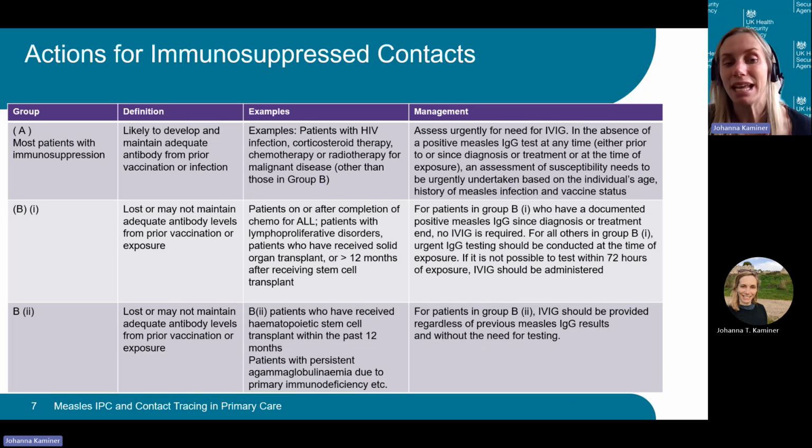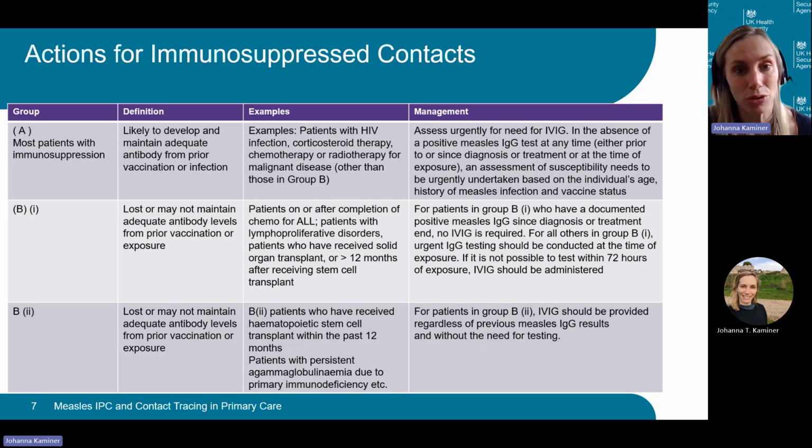However, if they don't have a positive measles IgG test at any time, then an assessment of their susceptibility needs to be urgently undertaken. That assessment depends on their age, their history of measles infection, and vaccine status. There's a whole list and a wonderful table in the National Measles Guidance, so no worries, you don't need to know this by heart. This just needs to be looked up.